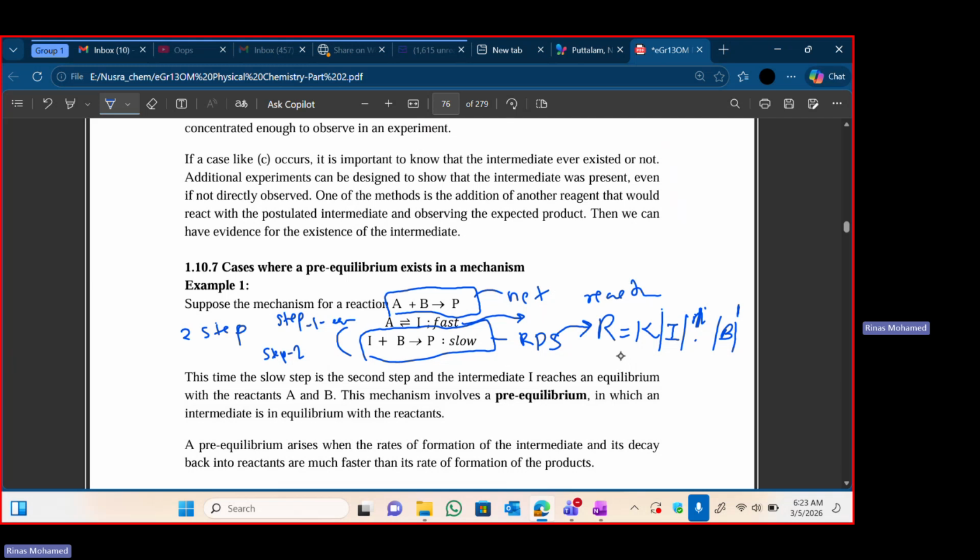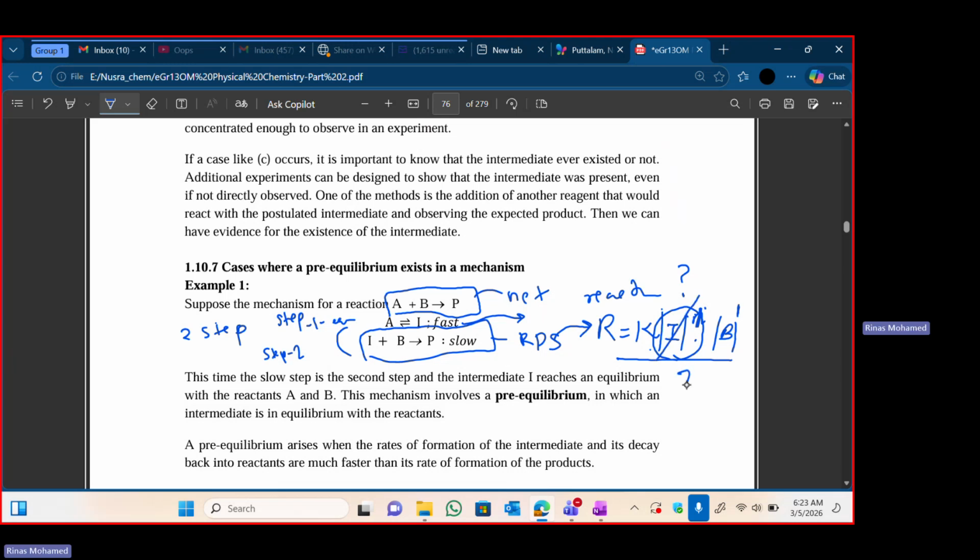But as we studied earlier, can we write an intermediate in a rate law? We cannot write an intermediate or uncatalyzed species, those things we cannot express in the rate law, so we have to replace it. I have to replace this one.